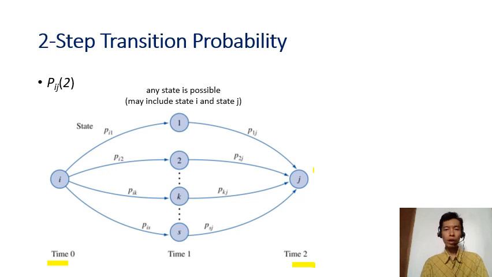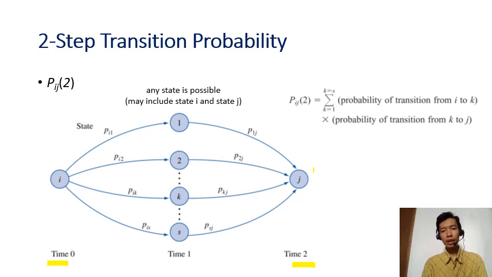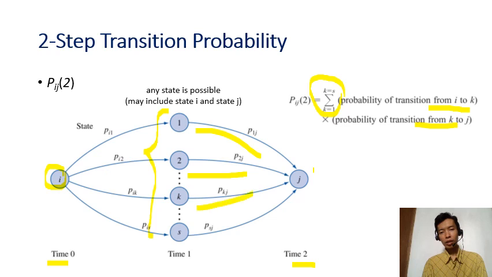So to calculate this probability, we can say that Pij(2) equals the probability of transition from I to K, where K is all the possible states, so transitioning from I to any state that we have in the Markov chain, times the probability of transitioning from K to J, right?